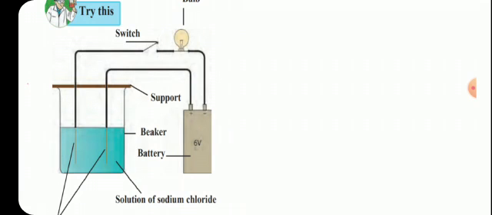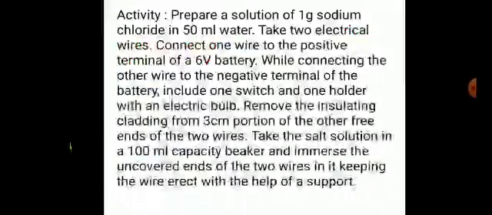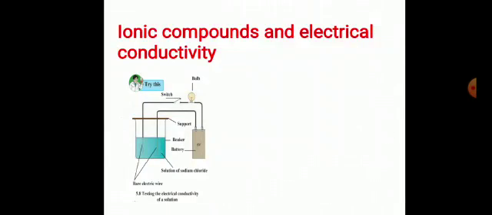The insulating cladding is removed from the free ends of the two wires, and then the salt solution is taken into a beaker and these wires are dipped into this solution. Then the current is switched on and you have to observe whether the bulb glows or not.